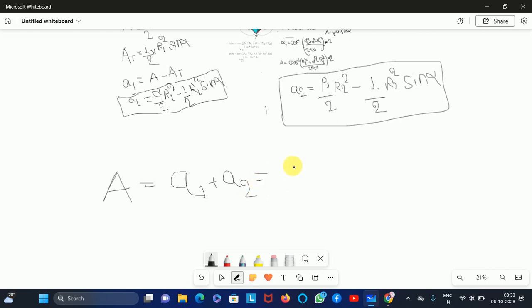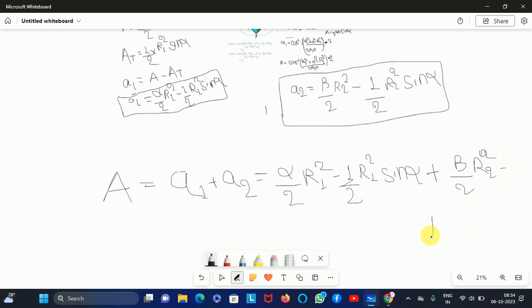That will equal alpha by 2 r1 square minus half r1 square sine alpha plus beta by 2 r2 square minus half r2 square sine, oh sorry, I have made a mistake here.